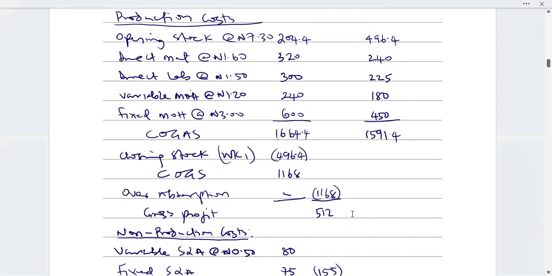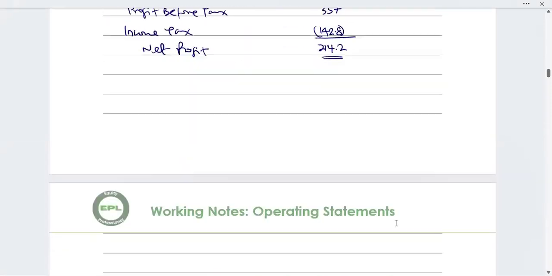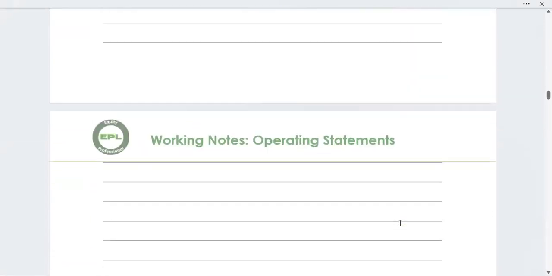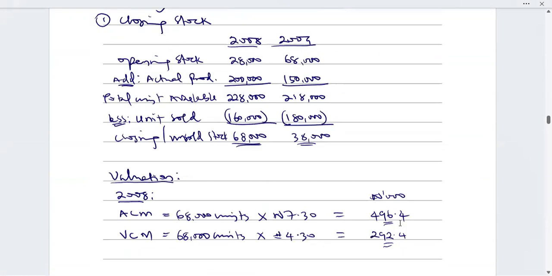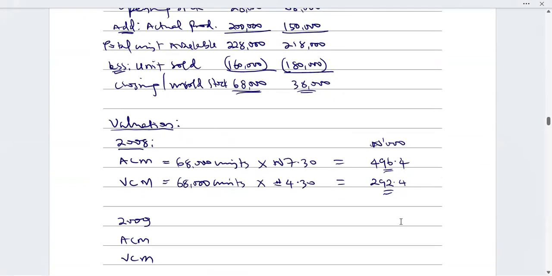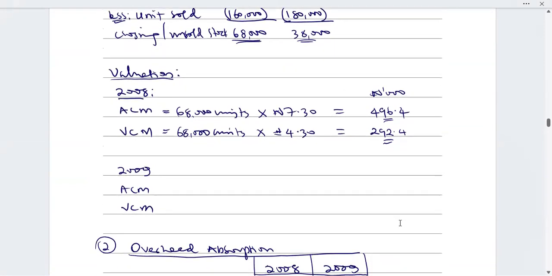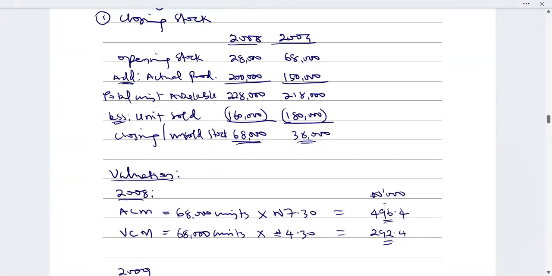Okay, then. So let's go and value the closing stock in 2009. So we have done the workings before. In 2009, closing stock for ACM in units is 38,000.